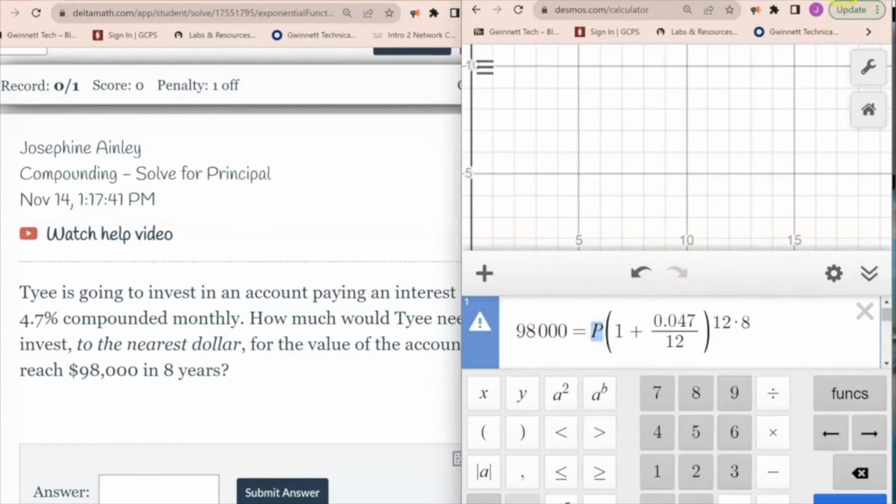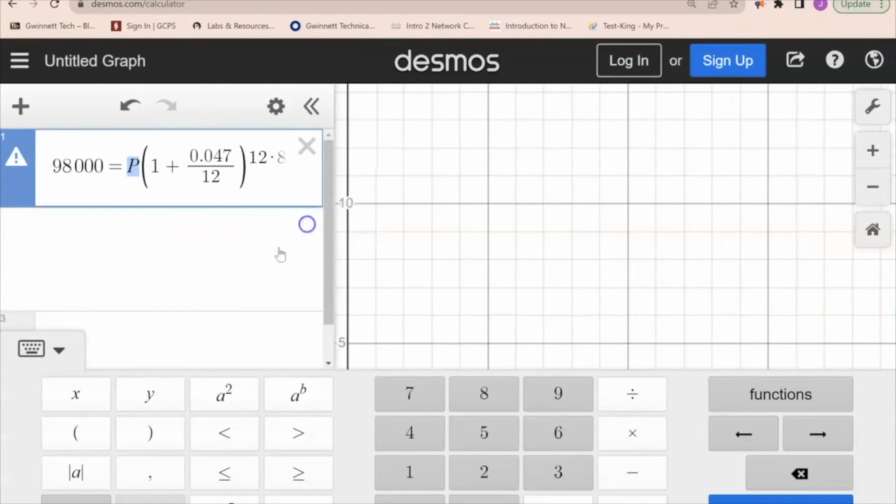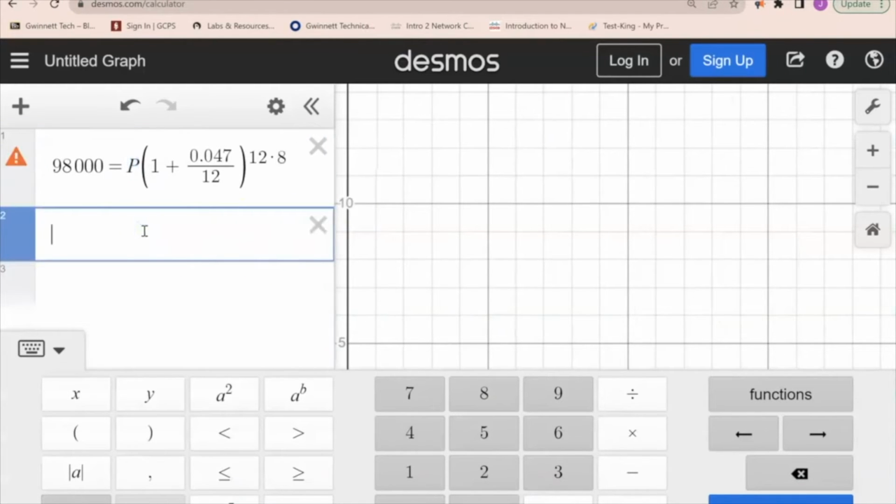All right, for you to understand this, it's really some basic algebra that you need to understand. Like, let's say, for example, I had 10 equals P times 5. And I asked you to solve for p. What would you do? You would divide both sides by 5.